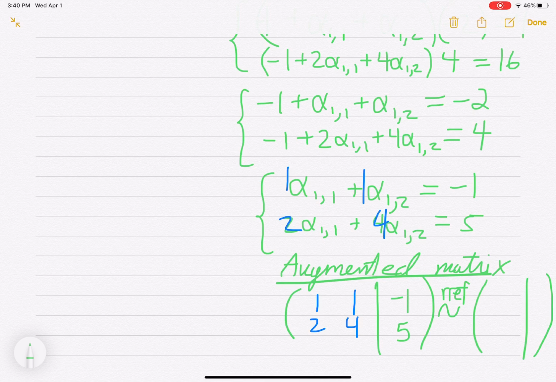All right, second matrix. Edit. I do about 2 by 3. Yeah. 1, 2, 1, 4, negative 1, 5. Yep.